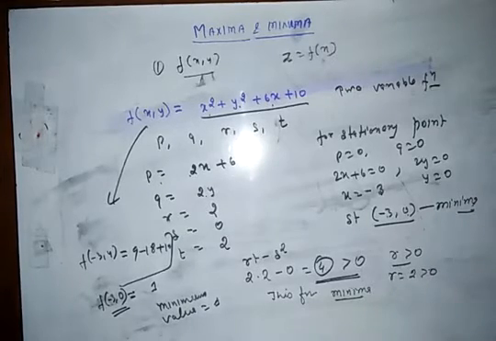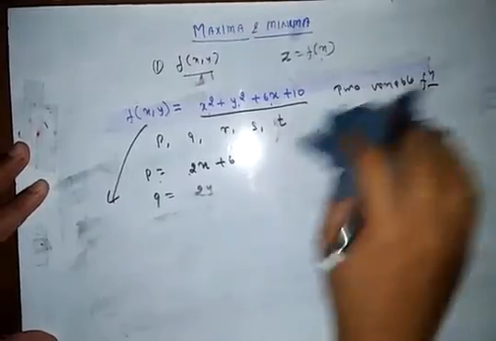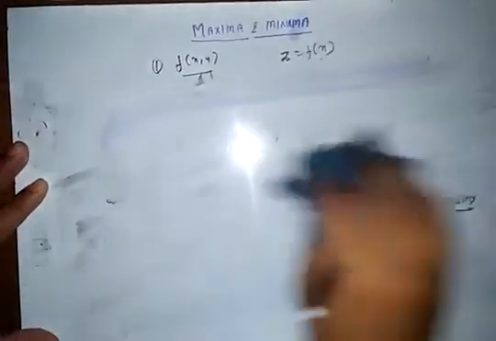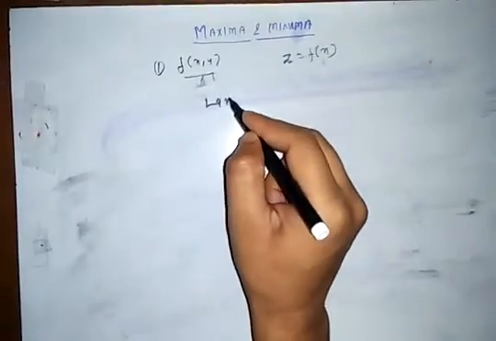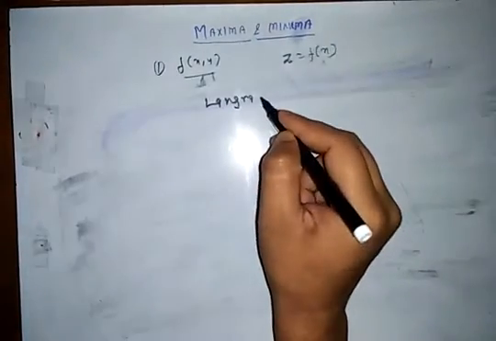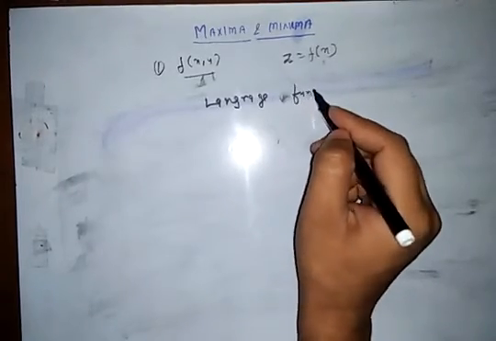So in this way you can solve maxima and minima. Again, another type of question is generally asked where some conditions are given. These types of problems use the Lagrange method, a Lagrange function.